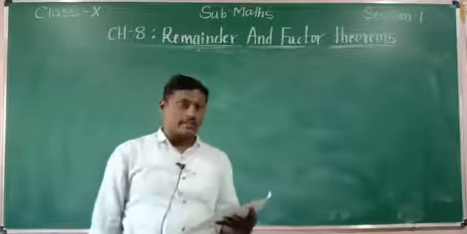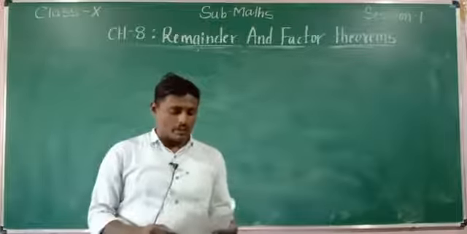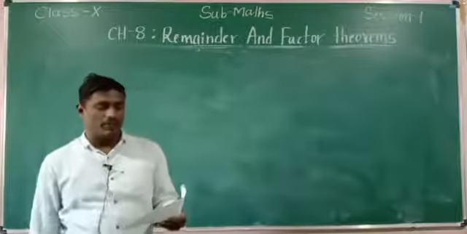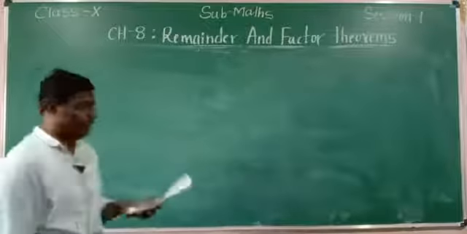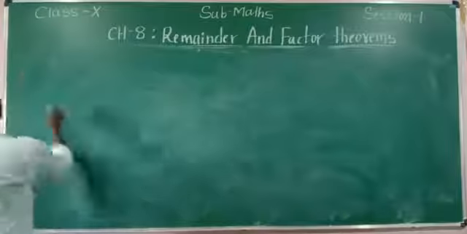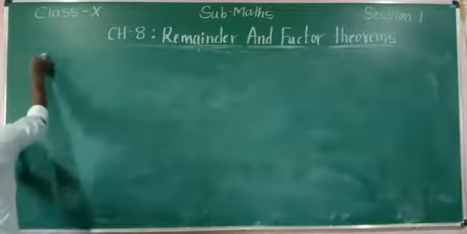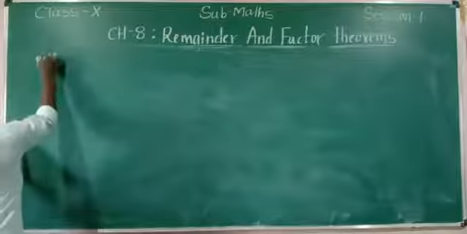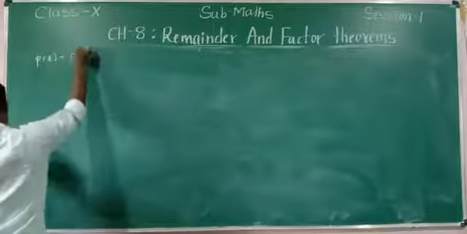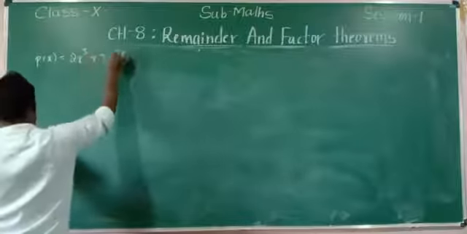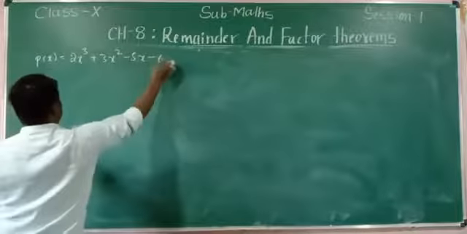Using the Remainder Theorem, find which of the following is a factor of the given polynomial p of x, which is equal to 2x cube plus 3x square minus 5x minus 6.